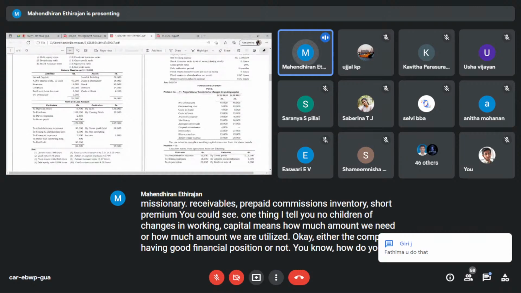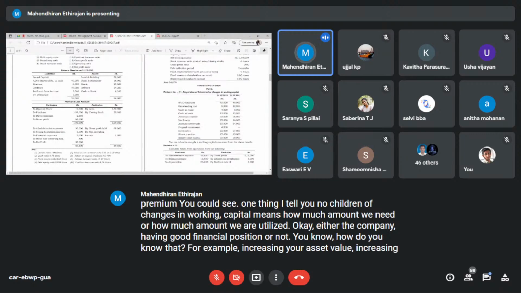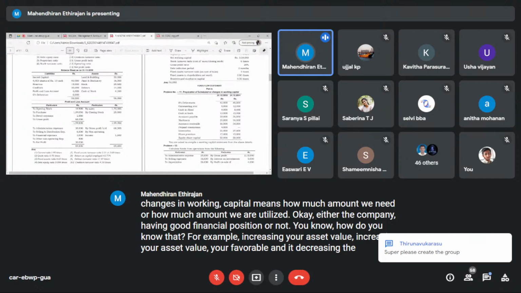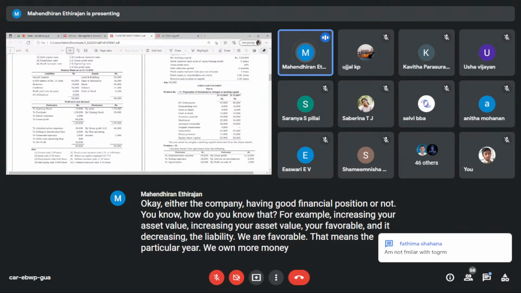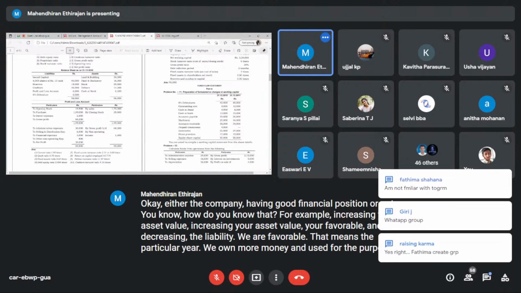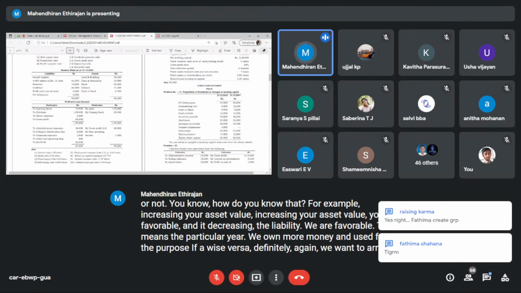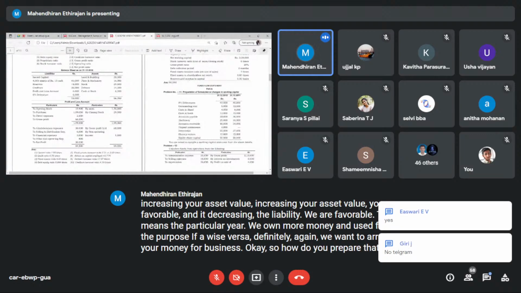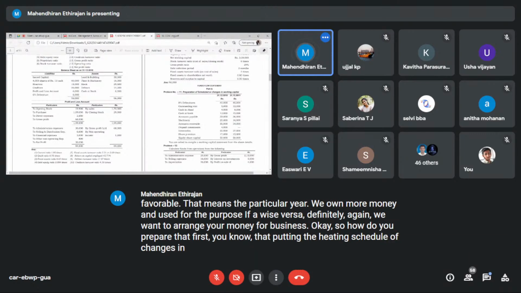How do you know that? For example, increasing your asset value, you are favorable, and decreasing the liability, we are favorable. That means in the particular year we earned more money and used it for that purpose. If vice versa, definitely again we have to arrange money for the business. Okay, so how do you prepare that? First, put the heading: statement showing schedule of changes in working capital.